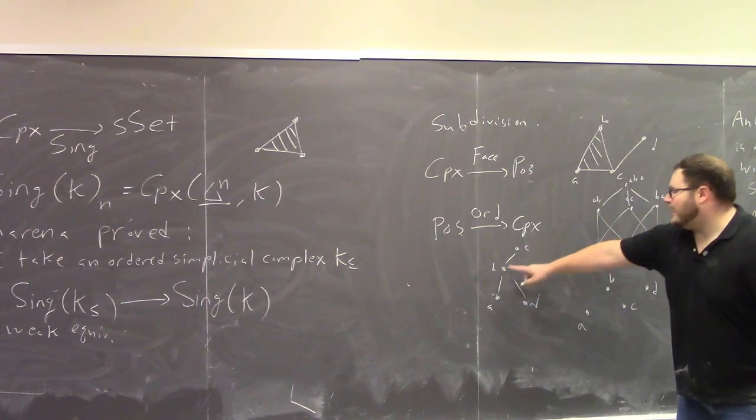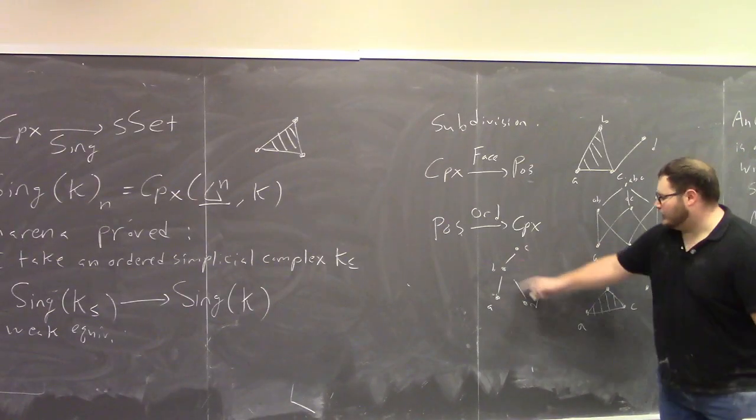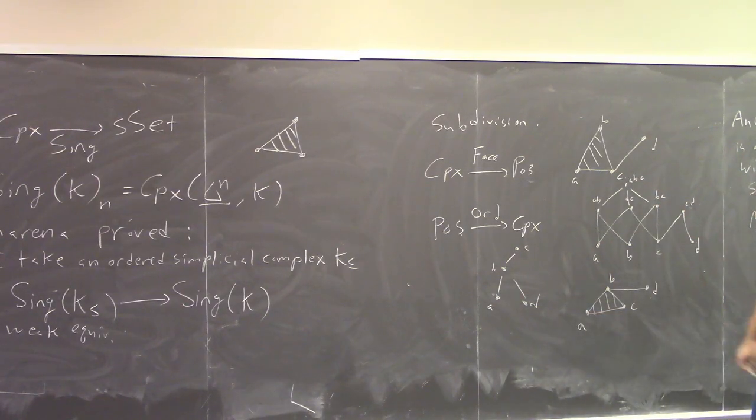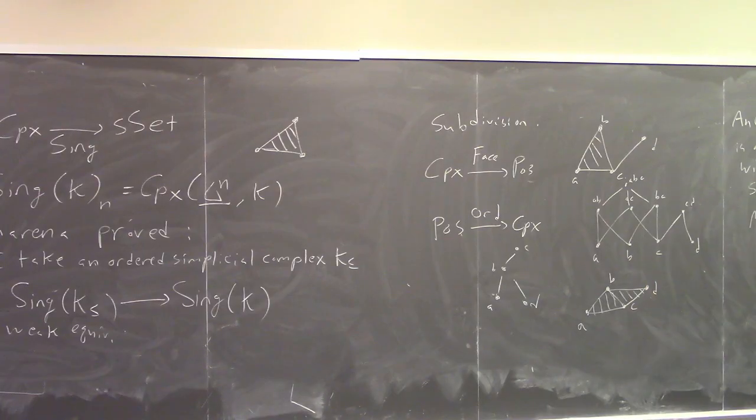So here's a chain A, B, C. Here's a chain B, D, like that. And here's a chain B, C, D. So you get that. Okay, so the subdivision functor is the composition of these two.